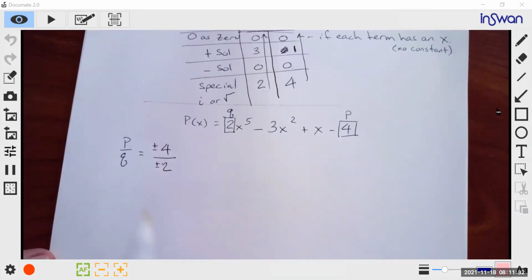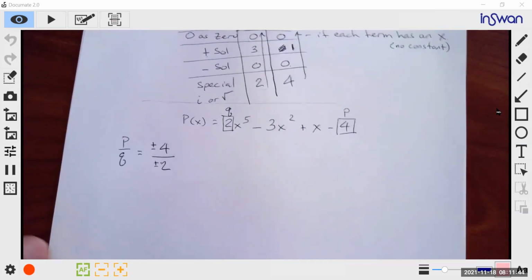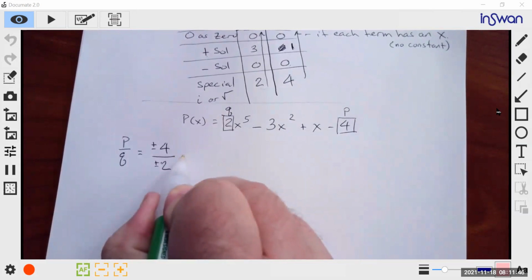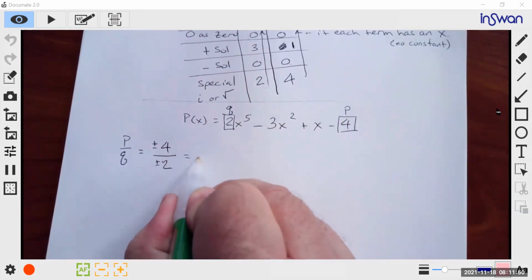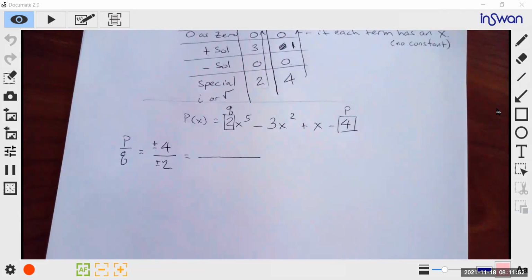Why don't I put plus or minus in both of those? Because we don't know what the signs are. They could both be positive, they could both be negative, they could be opposites. So once we figure out what the P and the Q values are, we have to take their factors. What are all the possible factors of 4?